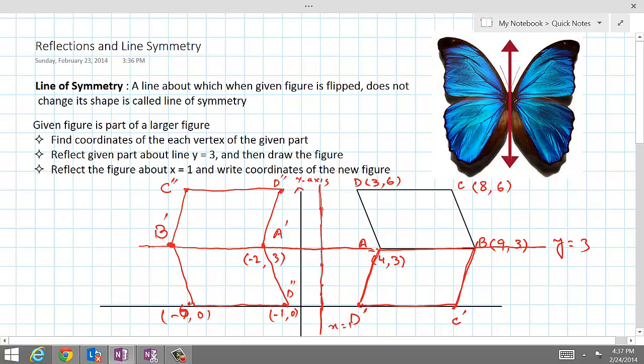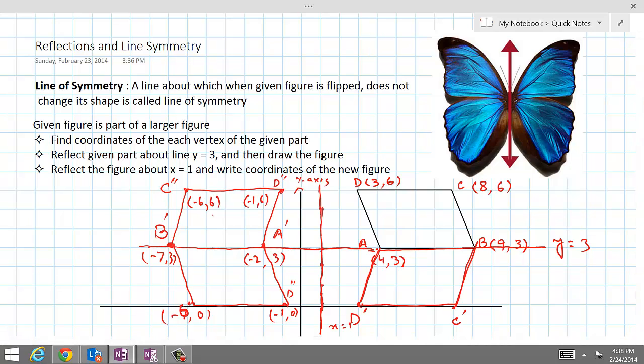This was supposed to be -6, and this is -7, 3. And here this D double dash is -1, 6, and C double dash would be -6 and 6. So these are the coordinates of the larger part of the diagram.